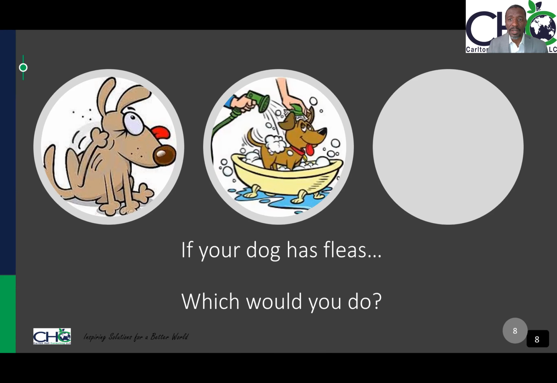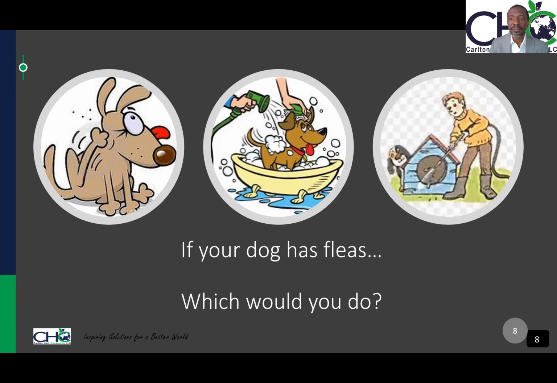Would you wash the dog or wash his house? If you wouldn't mind, go ahead and put your answers in the chat. Which of these approaches would you use? A, washing the dog. B, washing the house. And Dave, when you see them start to populate, please let me know. It is a chat waterfall. Both, all the above. Got it. You guys are exactly right.